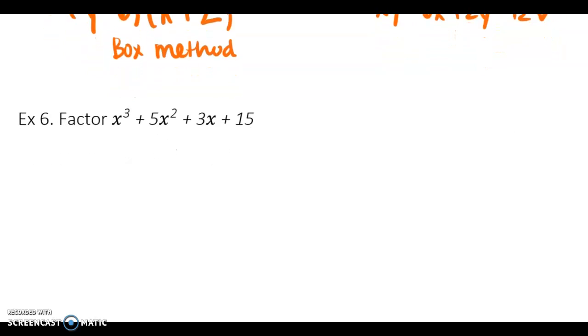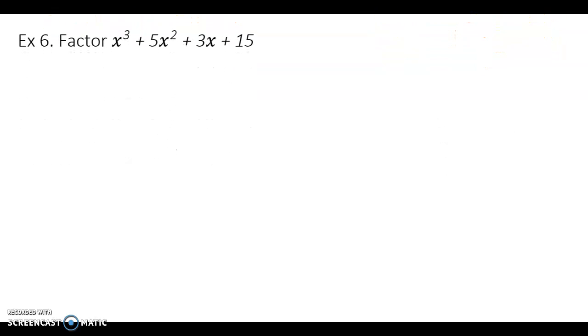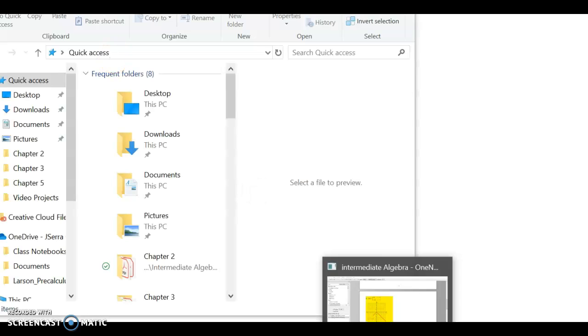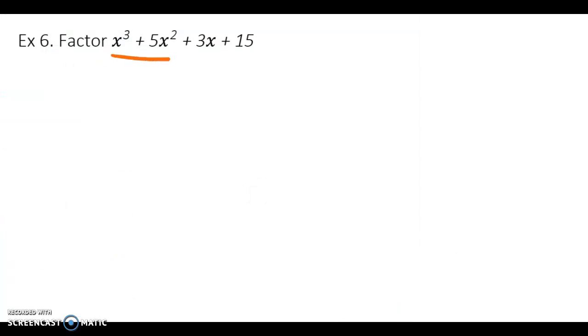All right, let's go ahead and work on this last one. So we have to group the first two things together and the last two things together. Okay, so x to the third and 5x squared, they don't have anything in common, but I could take out an x squared. That's the lowest variable, so that would be x plus 5.